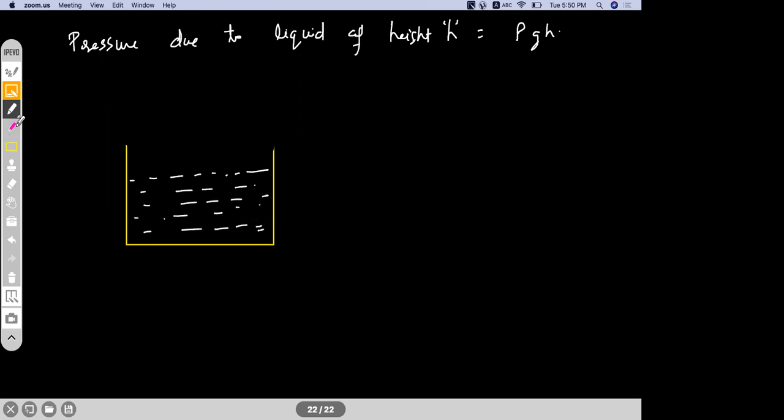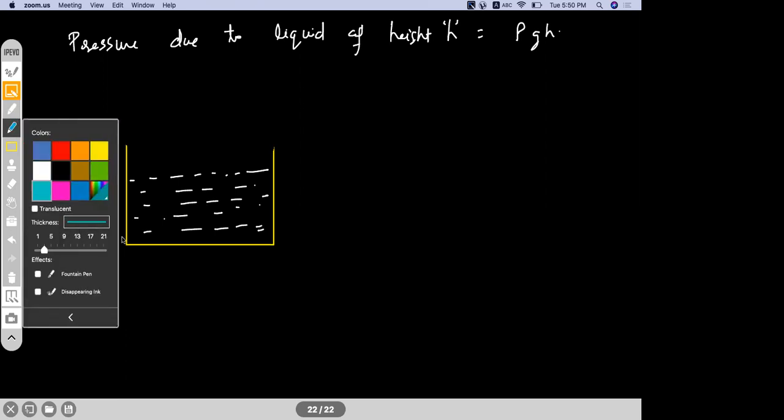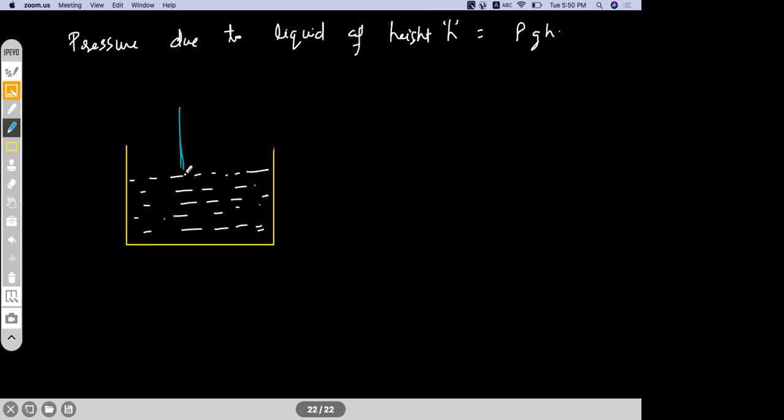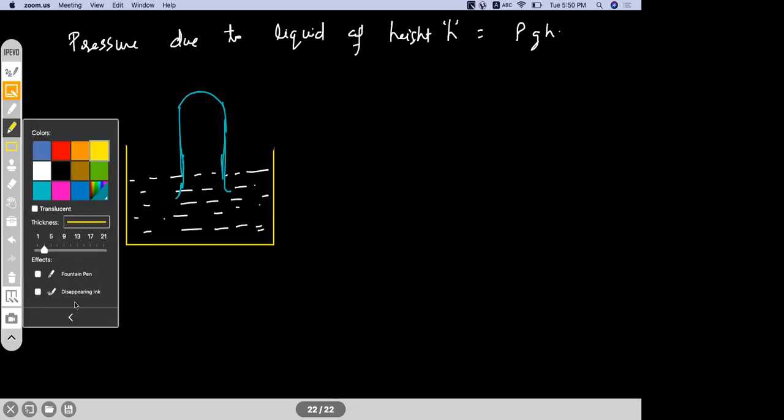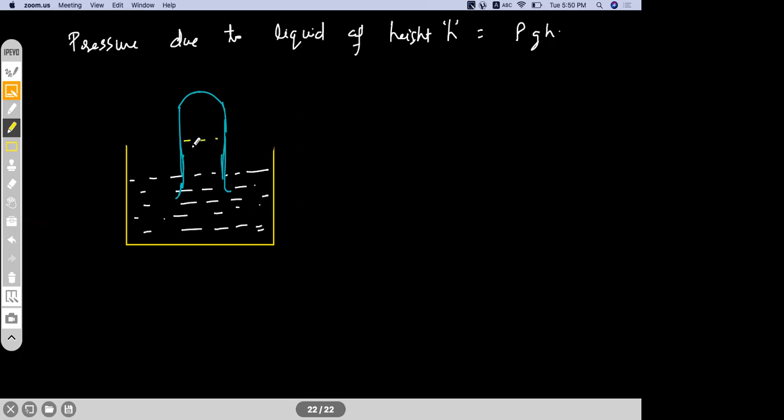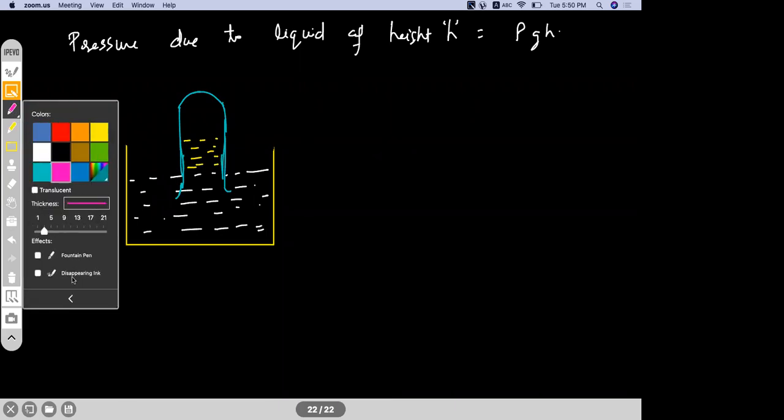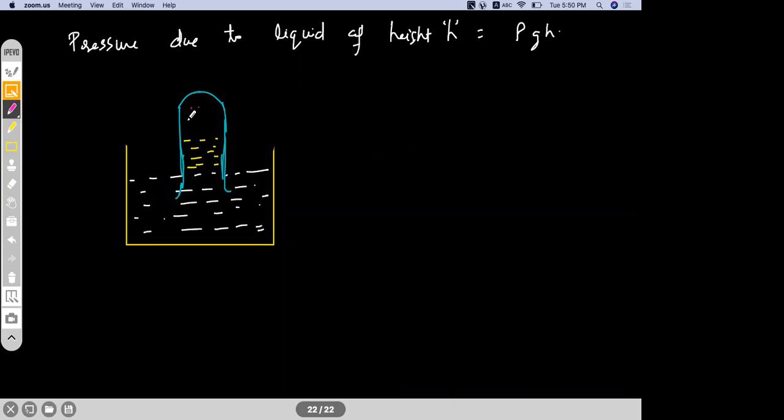Okay, and there is again a tube, open and down like this. So obviously this liquid level will rise in the tube. This is it, and we'll have some gas over here. Some gas here in this tube is trapped. Okay, this gas here is trapped.